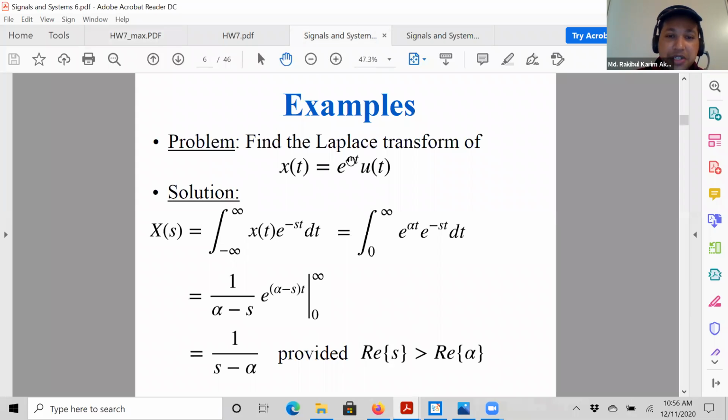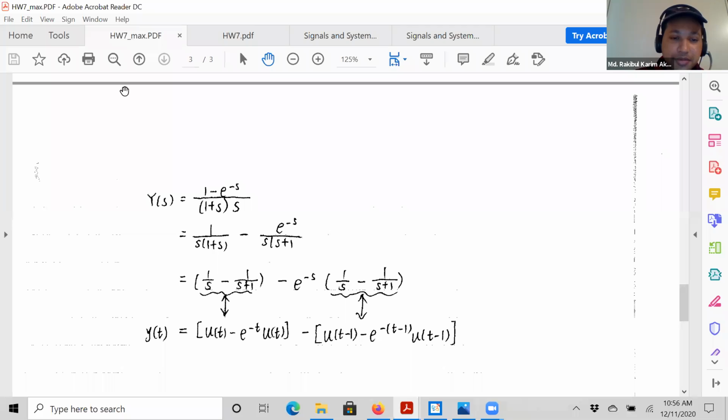Here alpha is 0, so 1 by s becomes only ut. This 1 by s minus 1 becomes e to the power alpha t ut here. This part and this part are actually the same, but there was e to the power minus s.